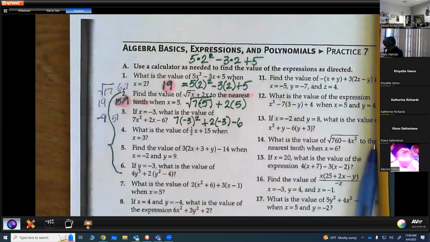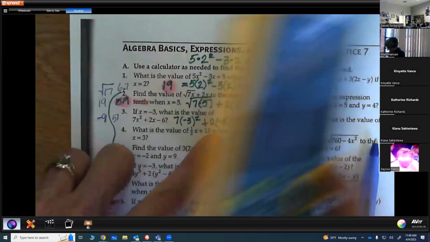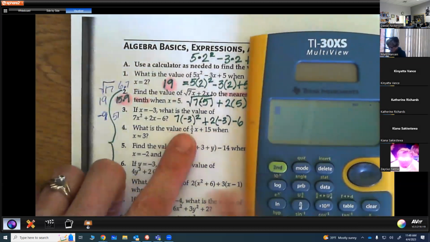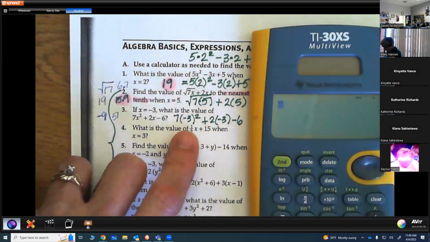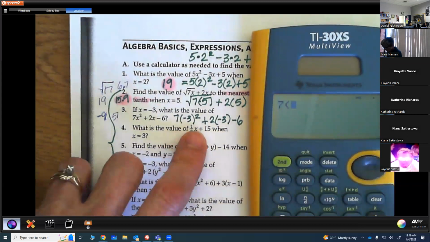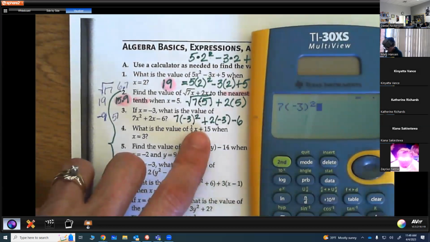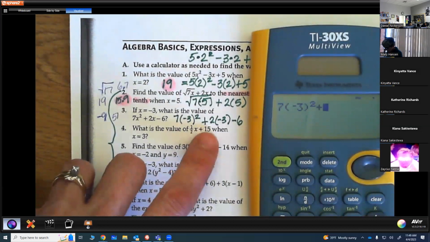If you take the time to write this out, then you can make your calculator screen match what this says. So I'm going to type in 7, parentheses, -3. And remember, I do need to use the negative and not the subtract key in front of that 3. I'm going to push the squared key to square it. I'm going to add 2 times -3.